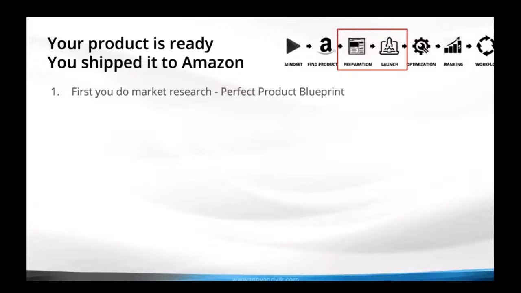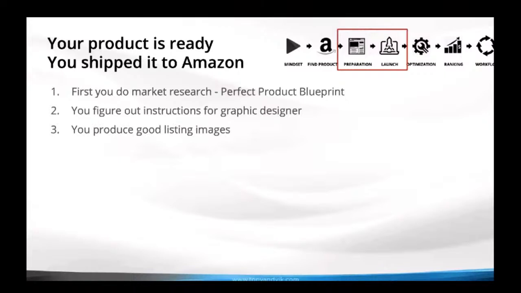You need to understand what's going on in the market and how to do the listing. Otherwise, you're shooting darts in the air. Secondly, you need to give instructions to a graphic designer and produce good listing images, unless you can do this yourself. Those three topics were also covered in previous Zoom calls.